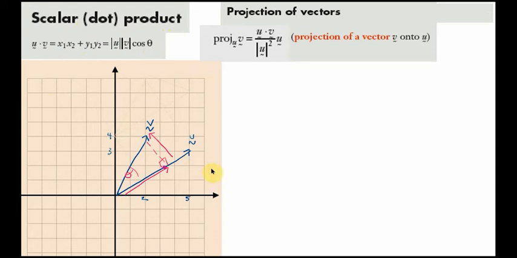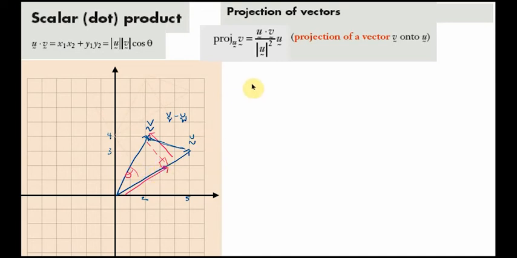I'm going to create a triangle by joining the heads of u and v to create a displacement vector here, v minus u. With the cosine rule, I can get a relationship between this distance, which is the magnitude of v minus u, and these distances, the magnitudes of v and u, and cosine of theta, the angle between them.